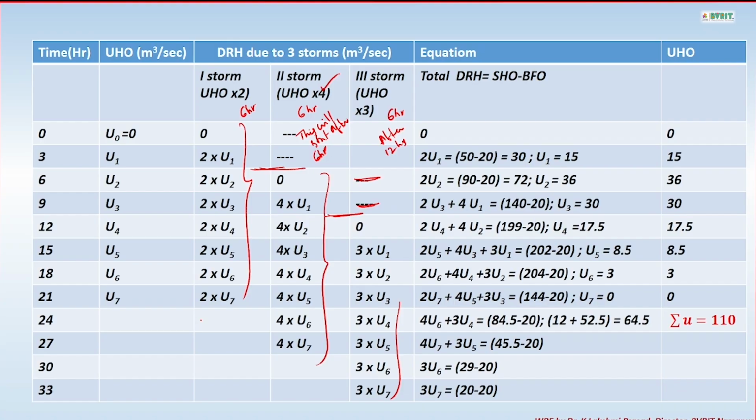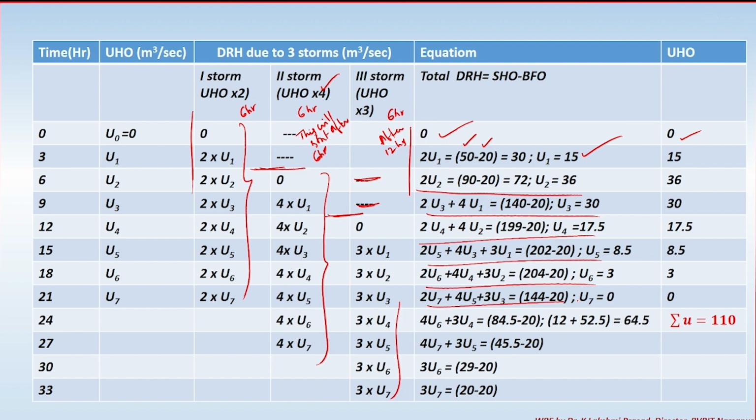Storm flow minus the base flow. So now if I sum up these three, from here to here, now 0, so I put here. Then here 2U1 is equal to the direct runoff, he has given the storm hydrograph 50 minus base flow, so U1. Then see this column; like that I have done.